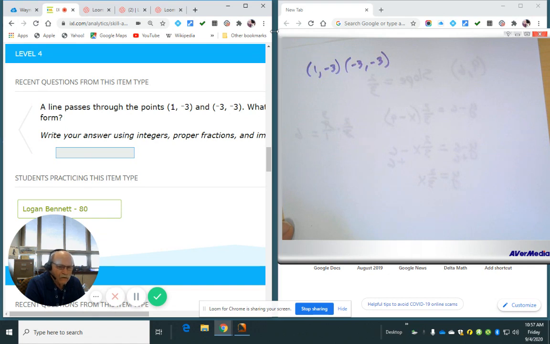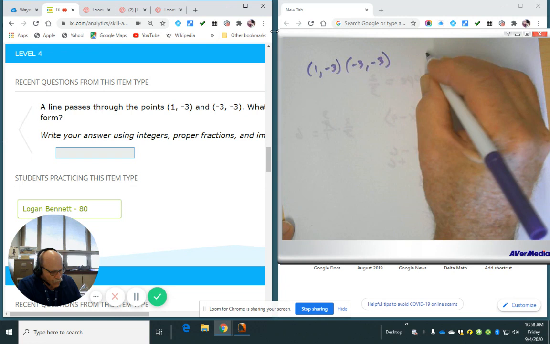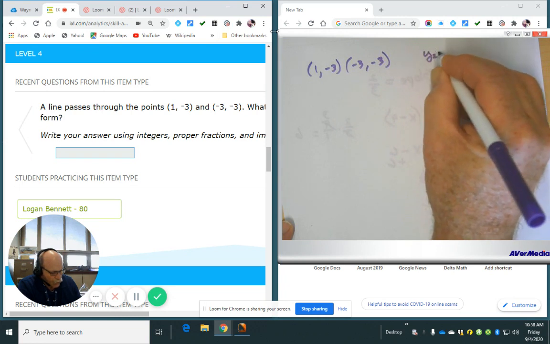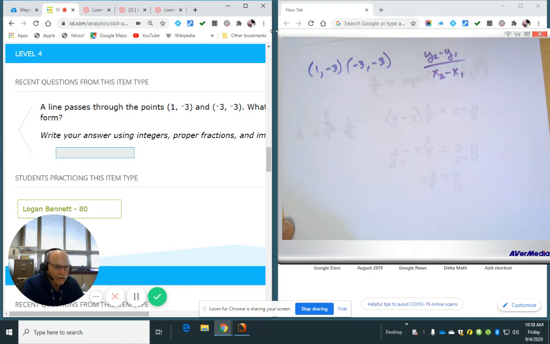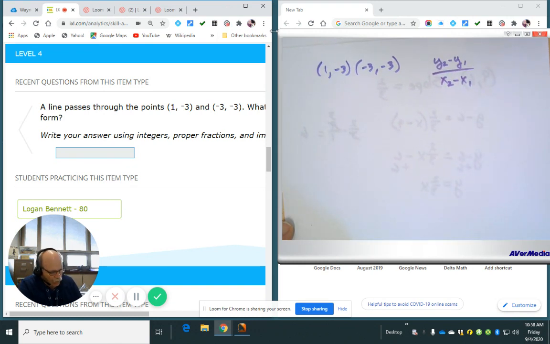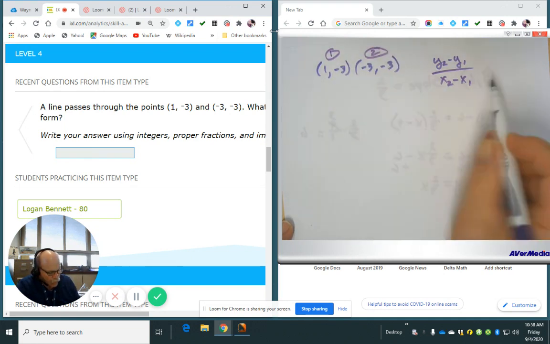I can already tell you what this is going to be, even though I haven't seen this exact one before. I've seen similar ones, and that's why I know. But let's just work it out. Remember the slope formula, y2 minus y1 over x2 minus x1. I'm going to call this one 1 and this one 2 to keep things straight.